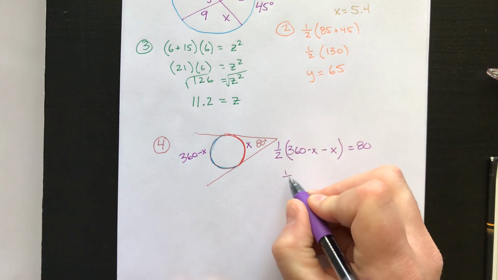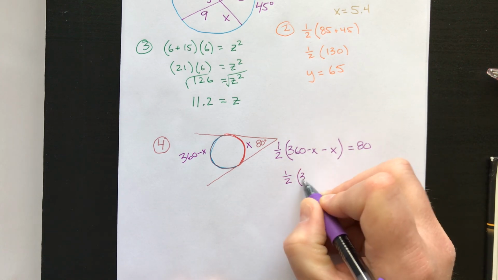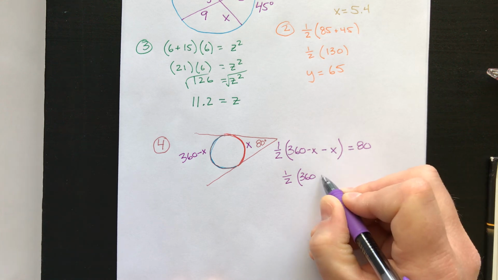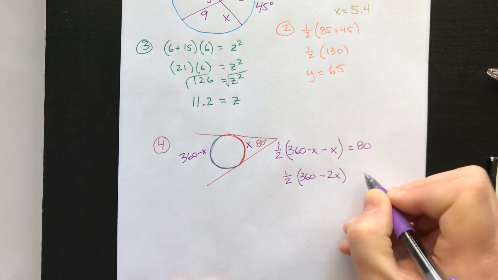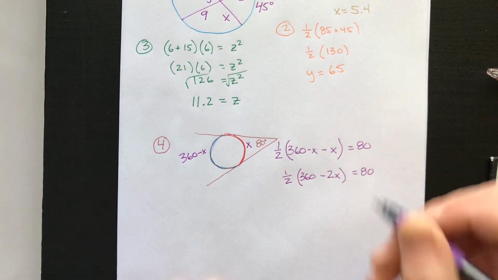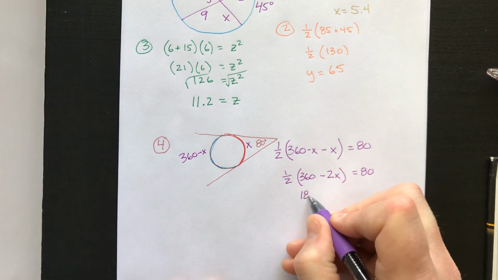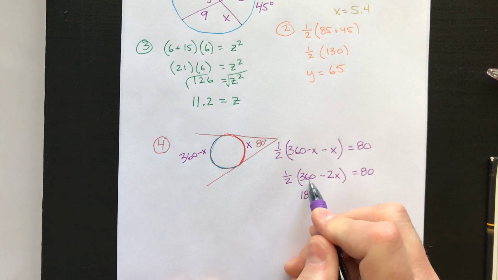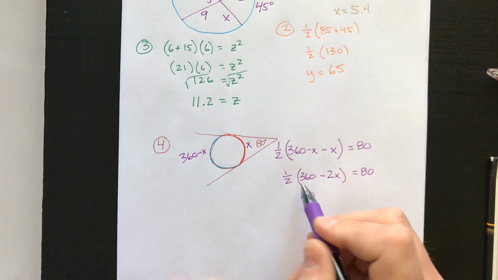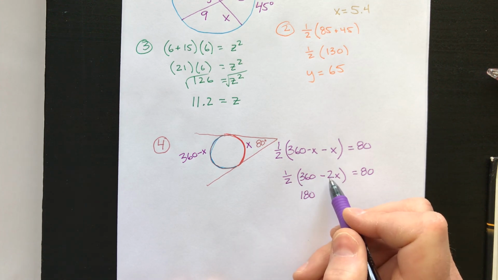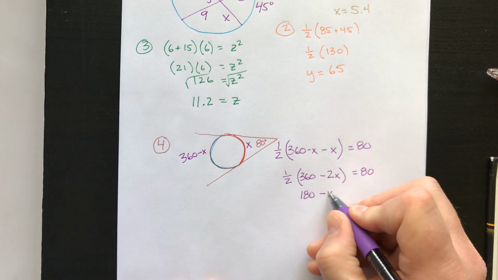So we have 1/2 times 360 minus 2x is equal to 80. So we get 180, because 1/2 times 360 is 180. 1/2 times a negative 2x is just negative x.